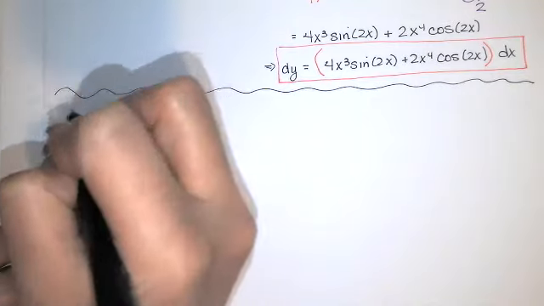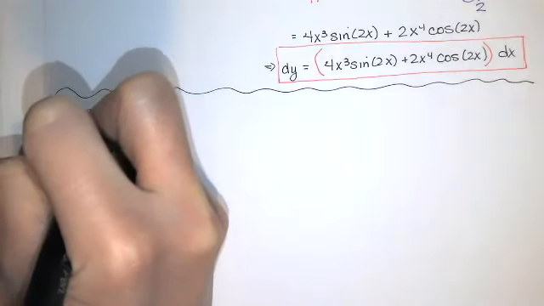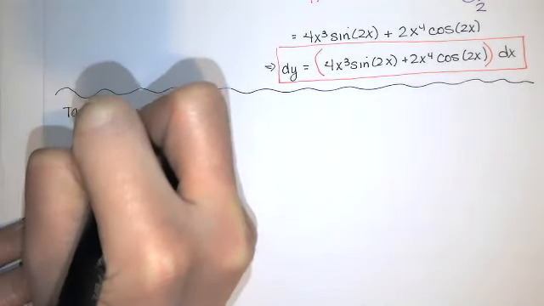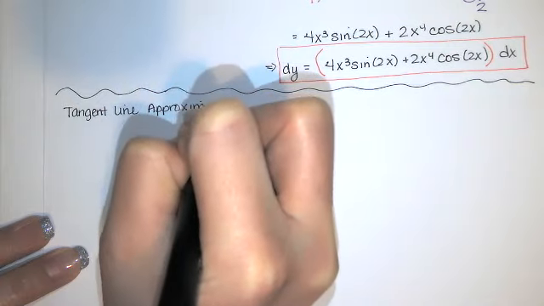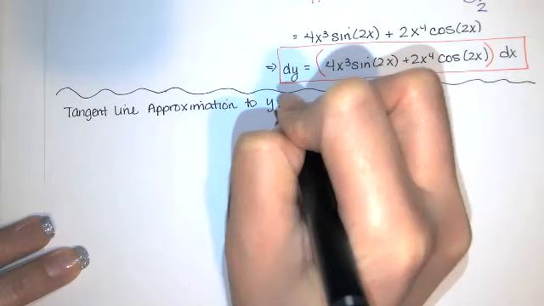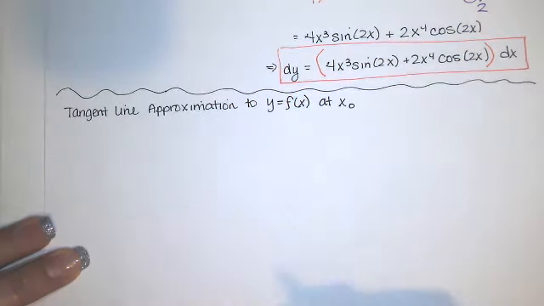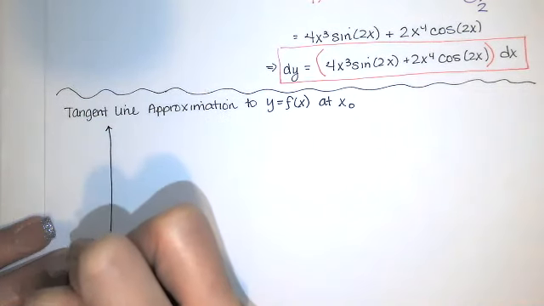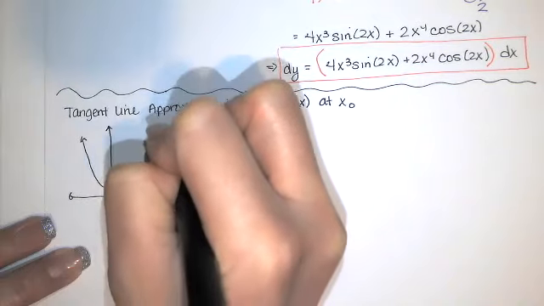So here's the idea. Let's say I have some function, y equals f of x. Maybe it looks like this.